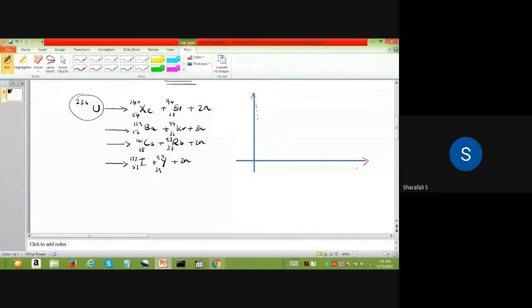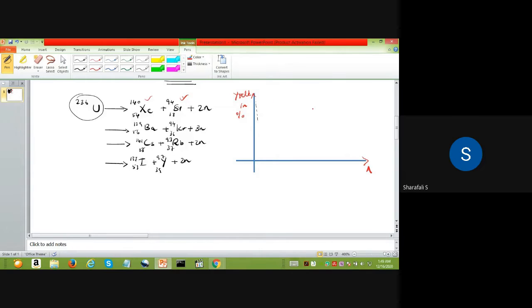In the x-axis you have the atomic number, and in the y-axis you have the yield in percentage, which means how many daughter nuclei you will get. I am talking about the daughter nuclei, and how many of them you will get.